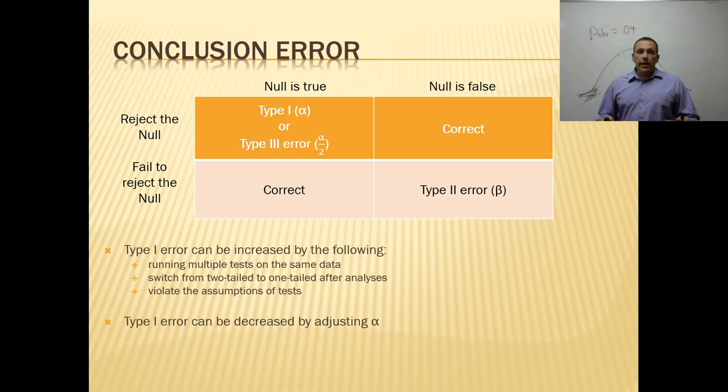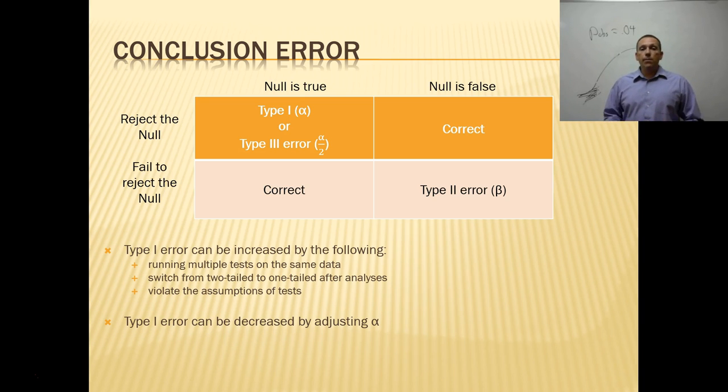If we can increase type 1 error, there is a way that we can adjust for what we call type 1 error inflation. And again, we'll talk about this more as we get into other tests, but there are ways to legitimately decrease this error that might be increased from some of these other things.